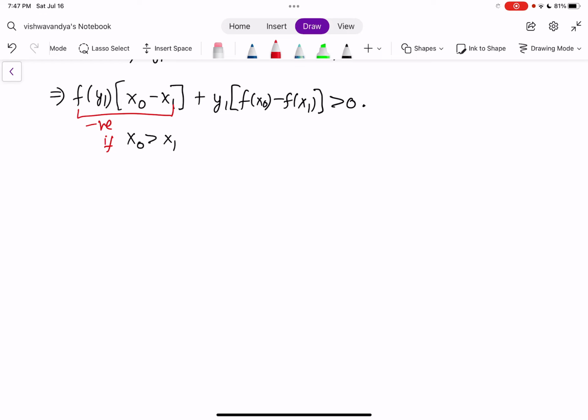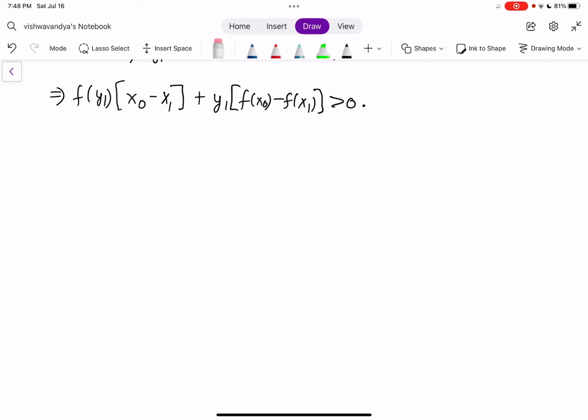Sorry, I'll take another construction. Excuse me, that was a mistake. I want this bracket to be negative. So I want x0 minus x1 less than 0.